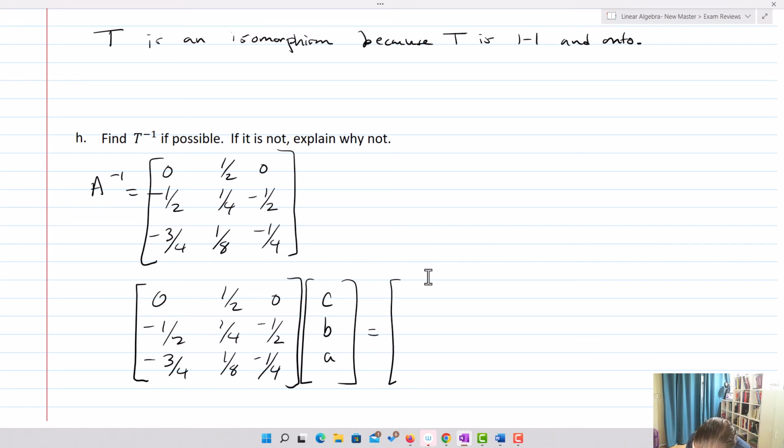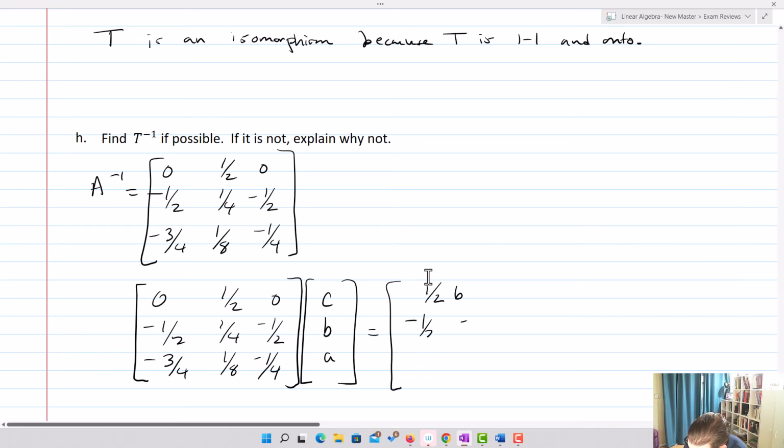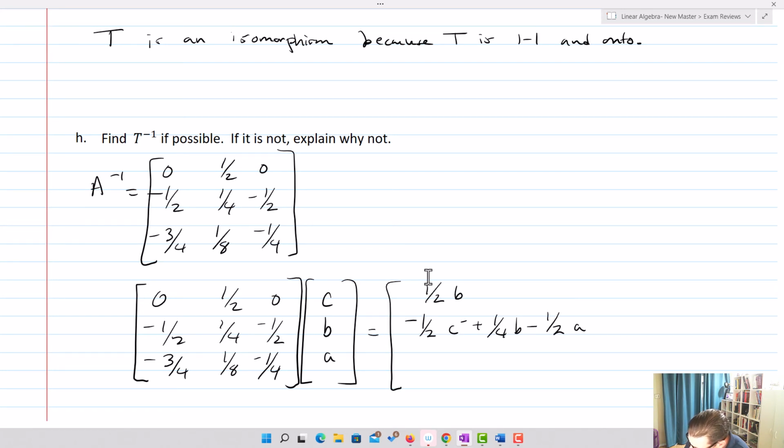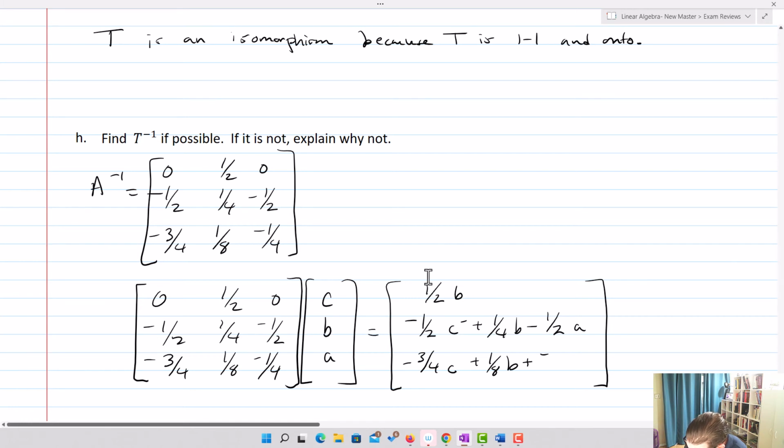What we get then is 1/2 b at the top, and negative 1/2 c plus 1/4 b minus 1/2 a. Then we'll get negative 3/4 c plus 1/8 b plus negative 1/4 a.